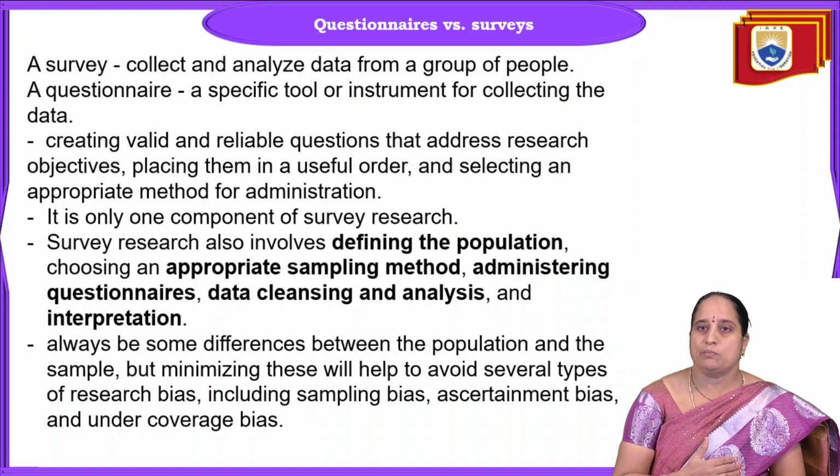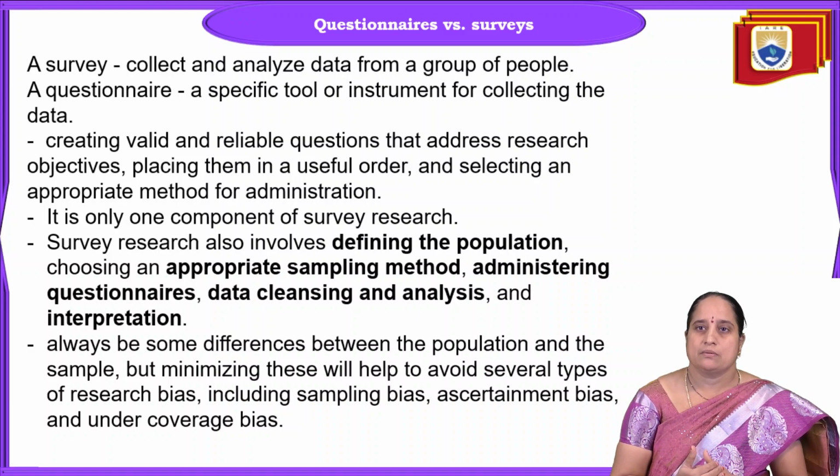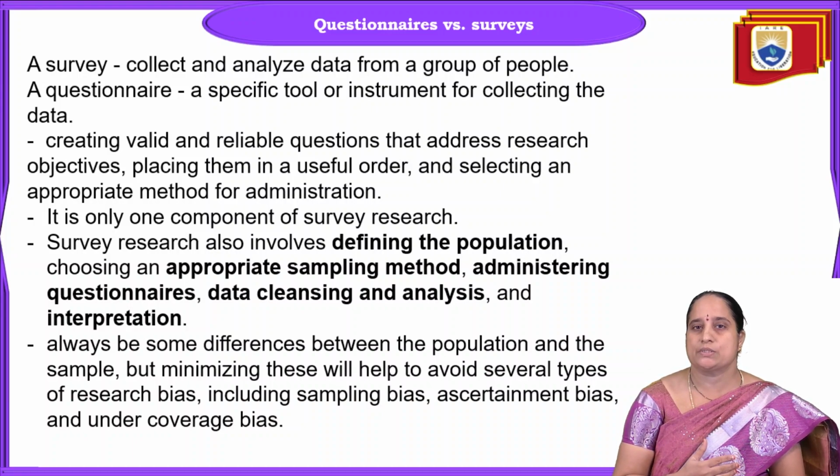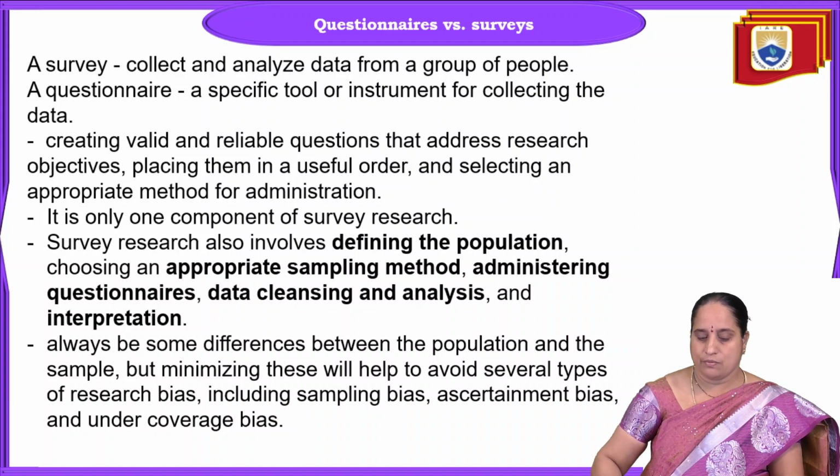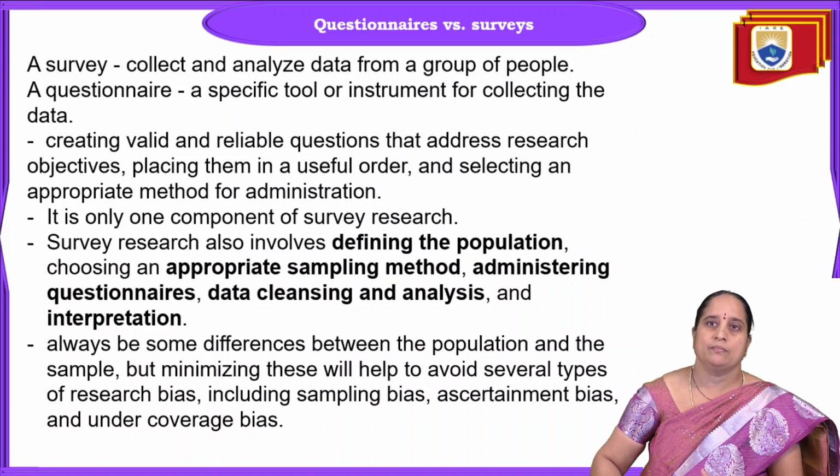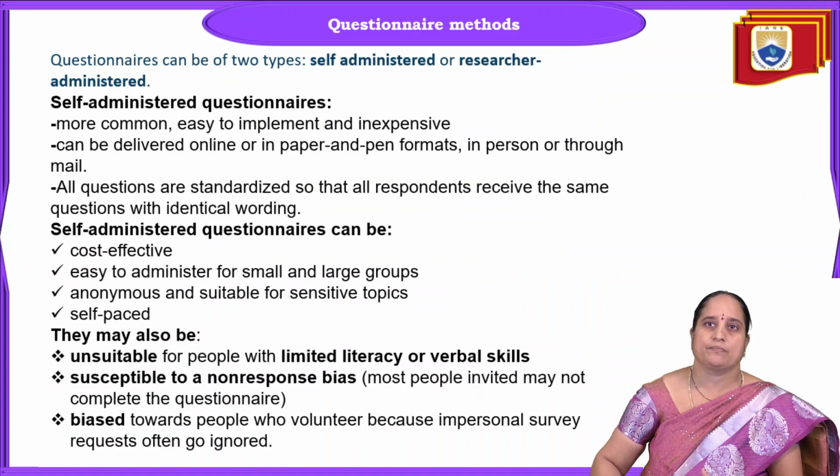We can also minimize the samples so that it will help to avoid several types of research bias, like sampling bias, ascertainment bias, and undercoverage bias. That is possible with a questionnaire just by selecting a sample from a large population.